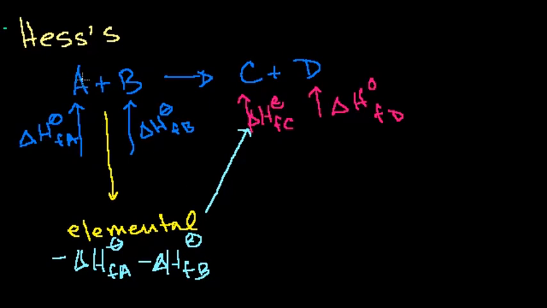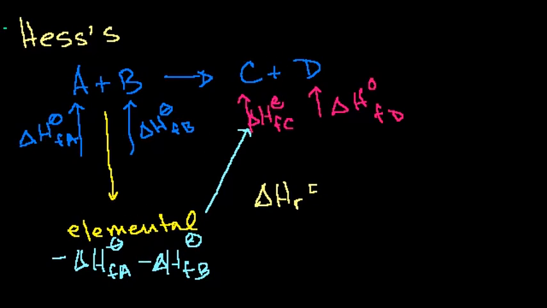So Hess's law tells us that delta H of this reaction, the change in enthalpy of this reaction, is essentially going to be the sum of what it takes to decompose these, which is the minus heat of formations of A and B, plus what it takes to reform these over here.